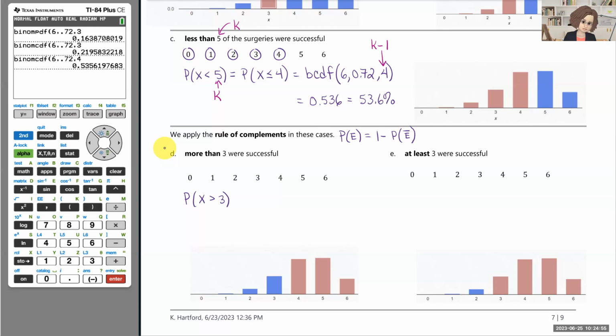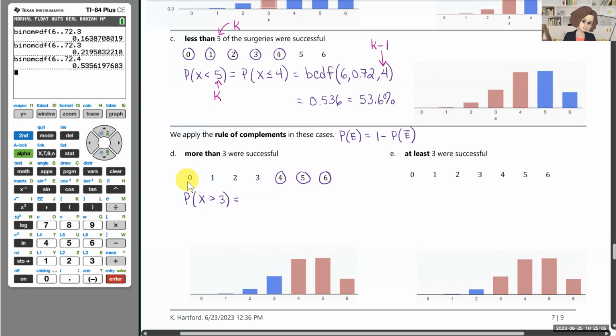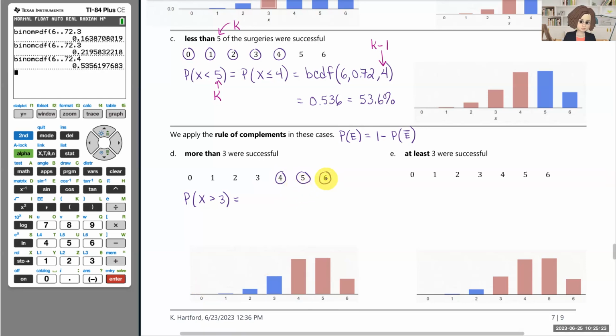So more than 3 would be 4 or 5 or 6. Now, if I were to add all of the probabilities together, I would have to get 1 or 100%. So in other words, if we added the areas of all the bars, we have to get 100% or 1. So if I would like to know the probability of 4, 5, or 6, I know that the complement of that, everything other than 4, 5, 6, would be 0, 1, 2, 3.